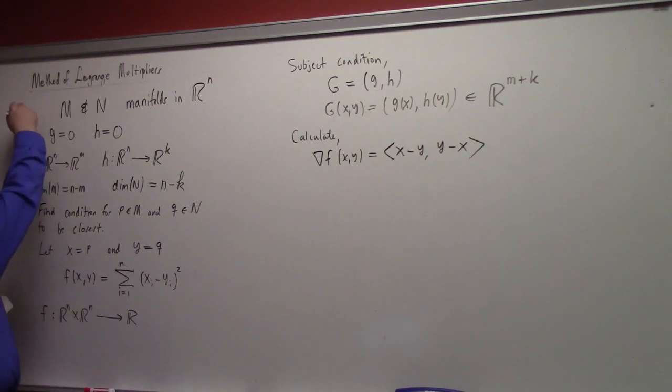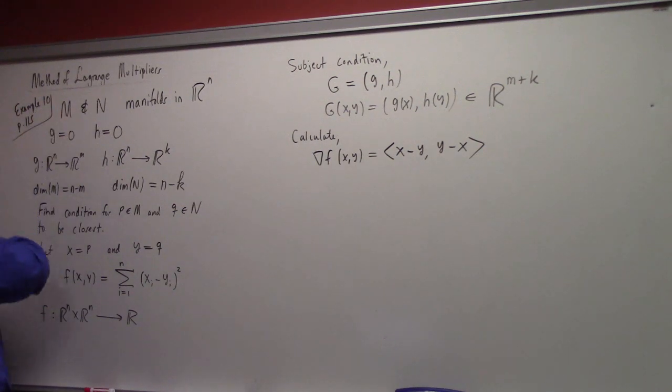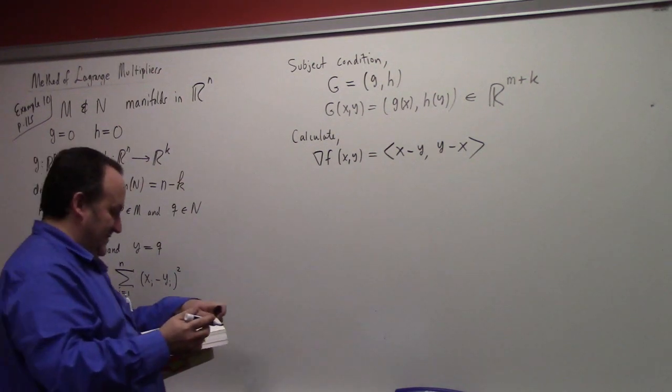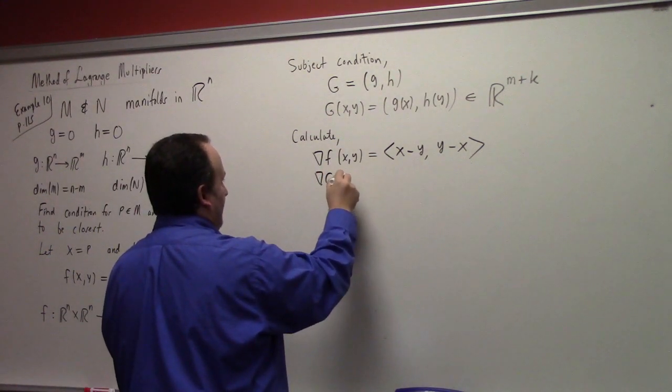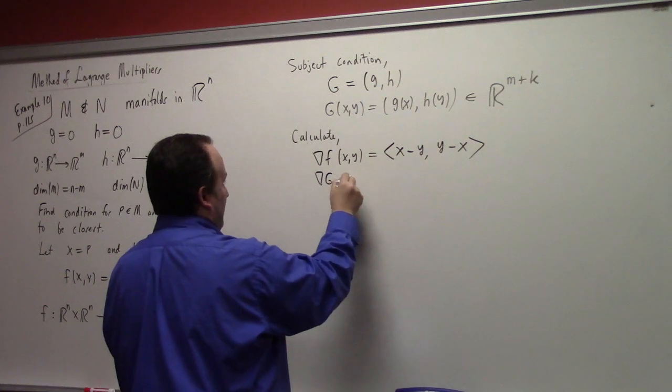And again, this is example 10 on page 115 of Edwards. So there's that, right? What's the gradient of big G1 equal to? I'm going to skip the x, y if you don't mind.